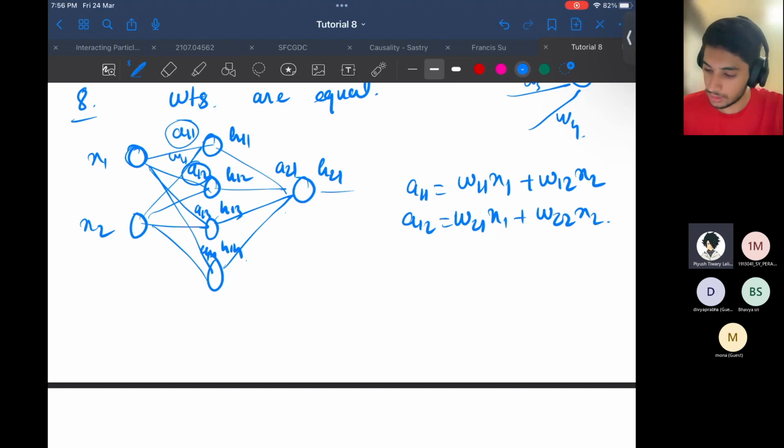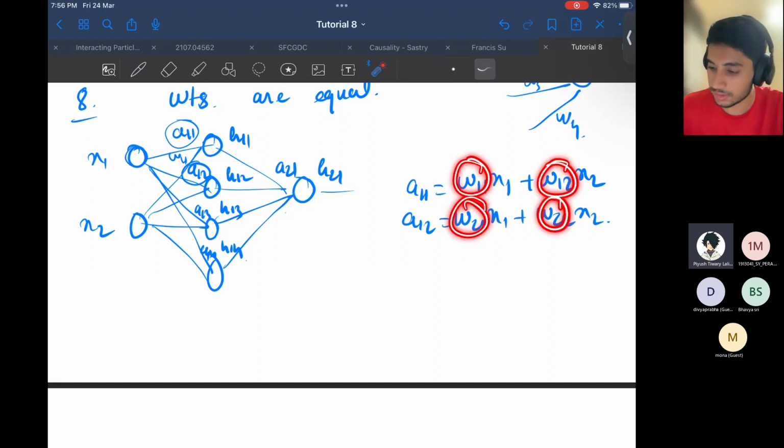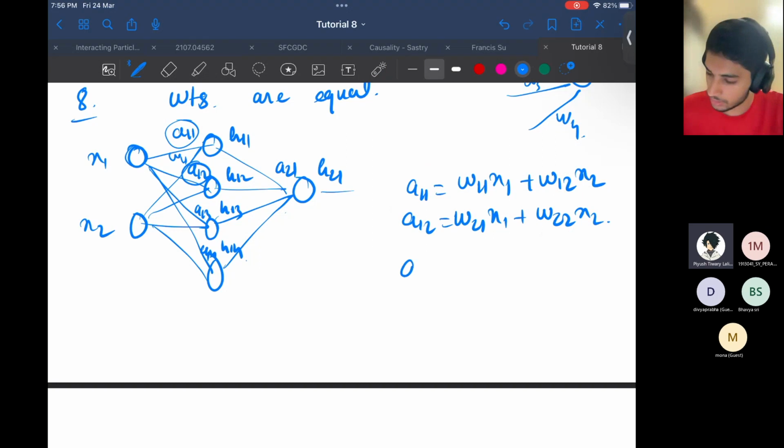Now we are saying that the weights are being initialized with 0. Let's see what is the effect. If the weights are 0, it means that this is 0, this is 0, this is 0, this is 0. So this entire term is 0, and hence a11 will be equal to a12, which will be equal to 0.